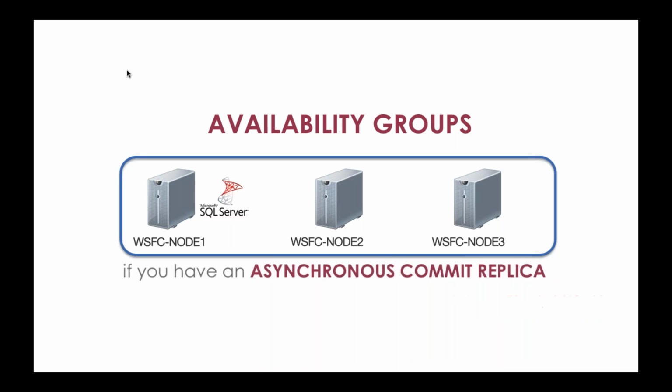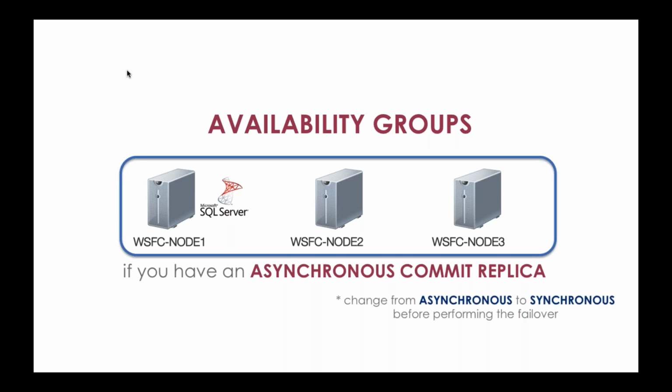Now, if you have an asynchronous commit replica, let's say it's for disaster recovery, right? You're not concerned about potential data loss because you know it's disaster recovery and you've defined your recovery objectives for that particular node. What you do is, well, nothing.